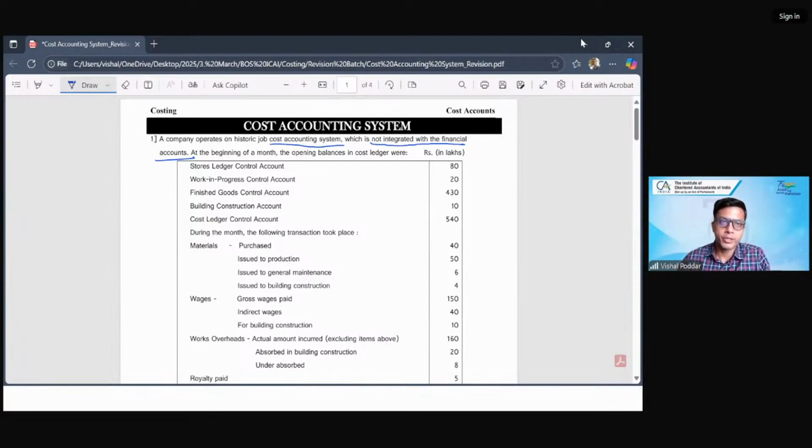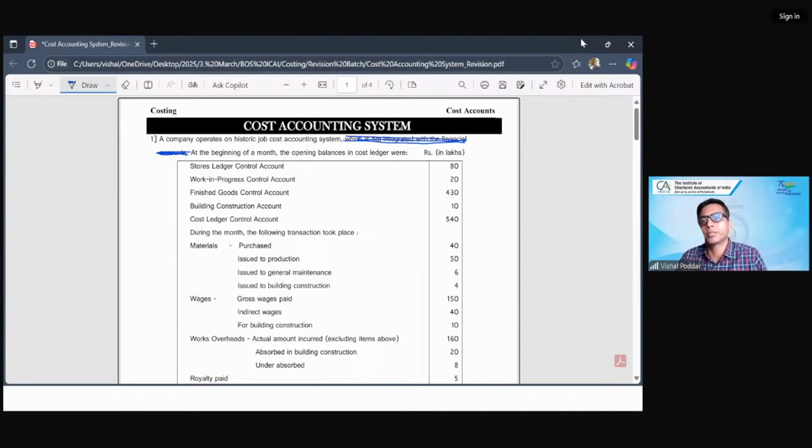But had this not been given in the question, let us say the question had only mentioned that the company operates a historic cost accounting system, but they have not mentioned this. Even if it is not mentioned, you can easily make out whether this is a question of integrated or non-integrated. How?